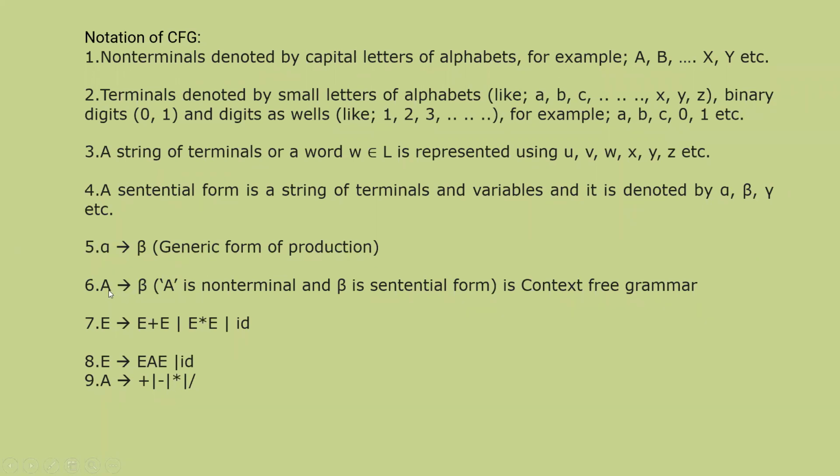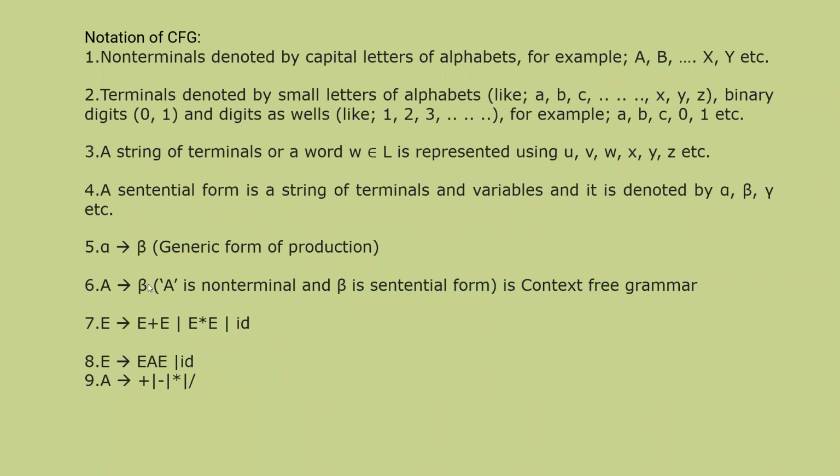Why? Because on the left-hand side of this production rule you have a non-terminal, and on the right-hand side of a production rule you have a sentential form. The sentential form will be a string, a combination of terminals and non-terminals.